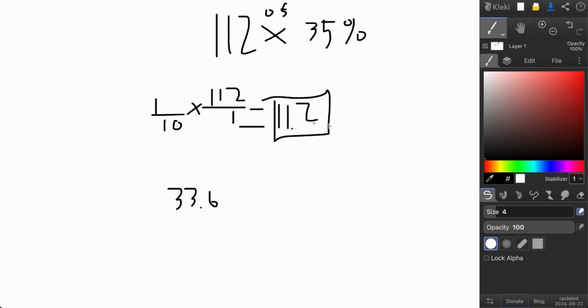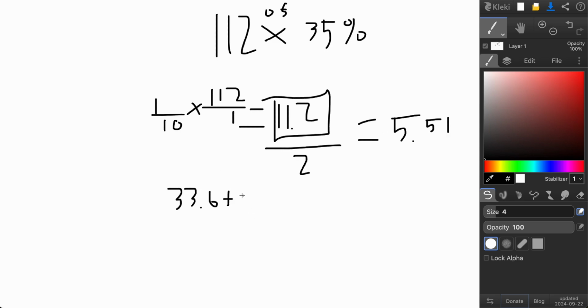Well, we already know 10% is 11.2. So if we divide that by 2, we should get 5%. Now 11.2 divided by 2, 5.51, right? Correct me if I'm wrong.